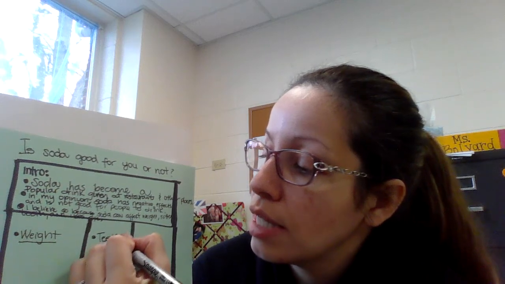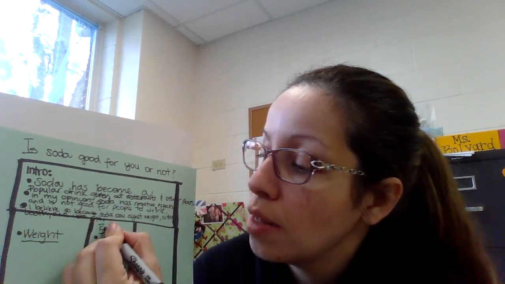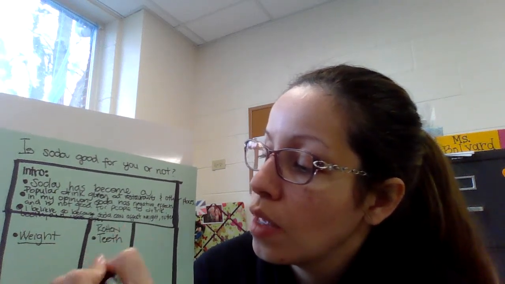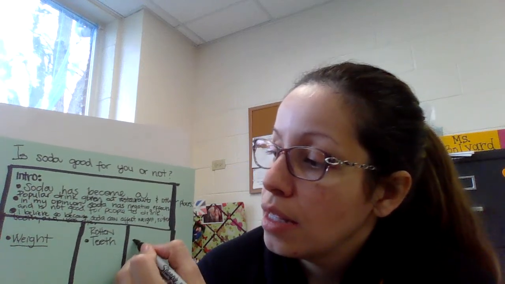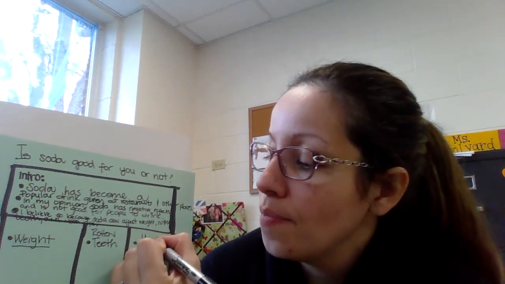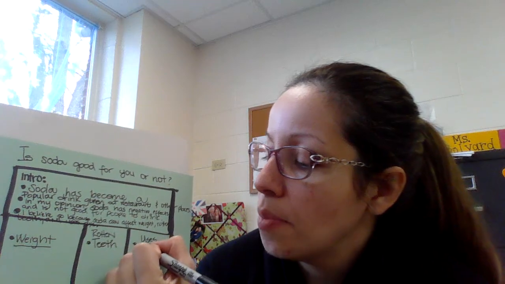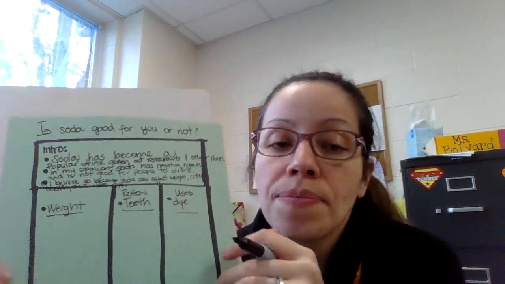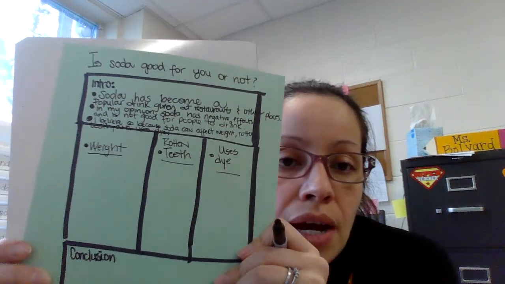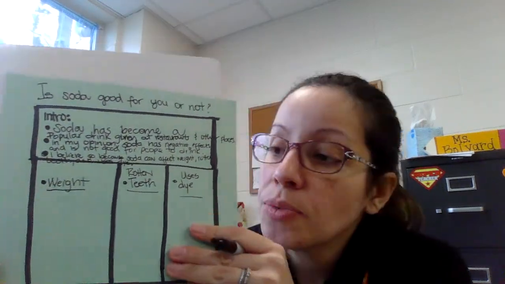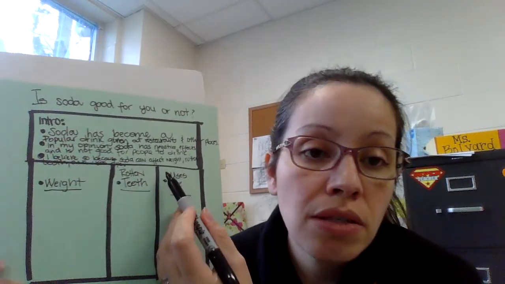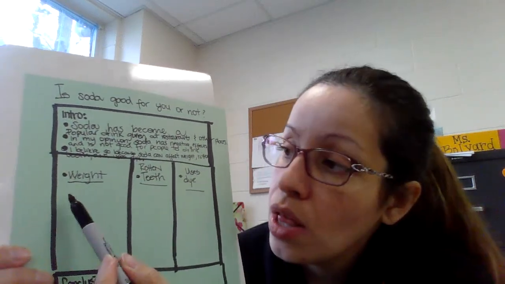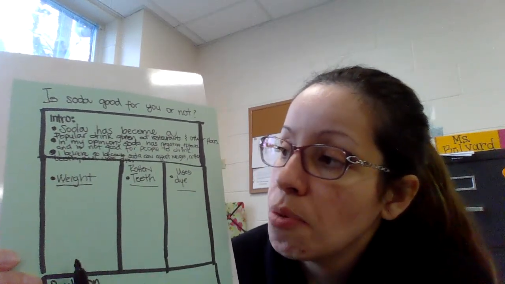So how does it affect the teeth? It rottens them. How? Then it uses dye. And now I'm going to have to figure out how I'm going to talk about that. So what I'm going to do now is I have my 3 topics, which technically are my 3 reasons over here. So now all I have to do is really develop on this.